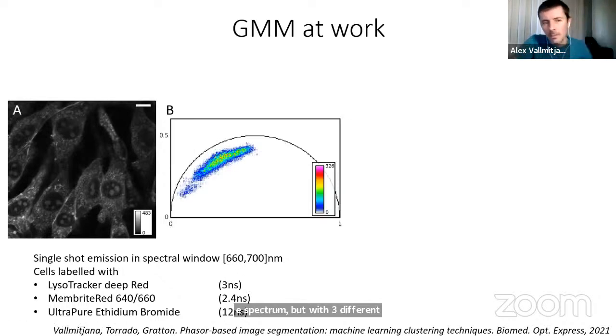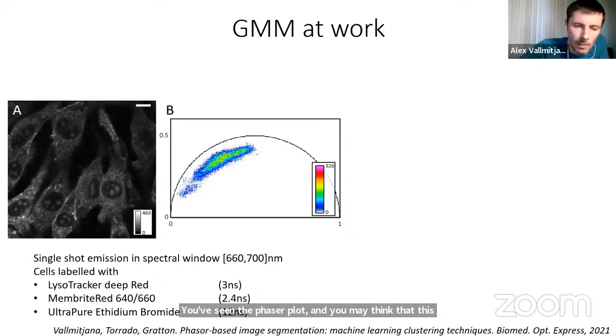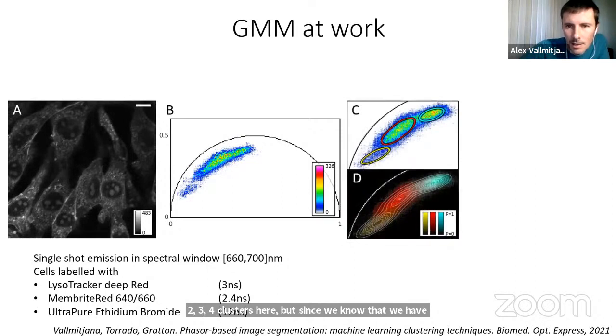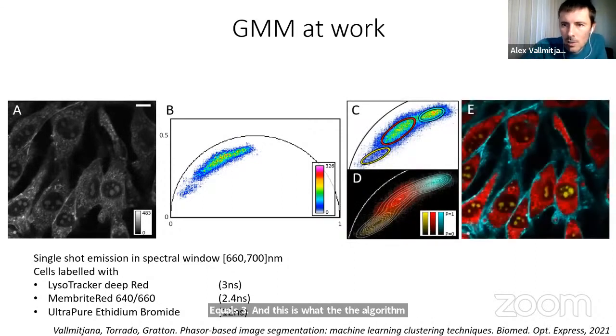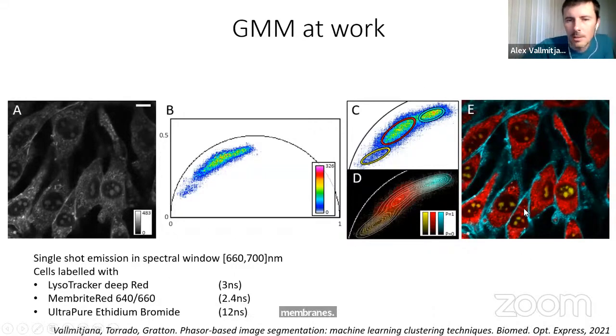You obtain the phasor plot, and you may think that there are 2, 3, 4 clusters here, but since we know that we have labeled with 3 dyes, we run the analysis for k equals 3, and this is what the algorithm returns. Go back to the original space, and it matches what you would expect, which is lysosomes around the cytoplasm, the membrane dye targeting the membranes, and you have the ethidium bromide, which is targeting the inside of the nuclei.